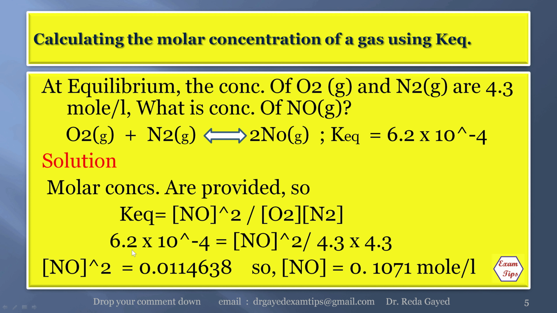So substitute: 6.2 by 10 to the negative 4 equals nitrogen oxide squared over 4.3 by 4.3. So nitrogen oxide by substitution will be 0.1071 mole per liter.